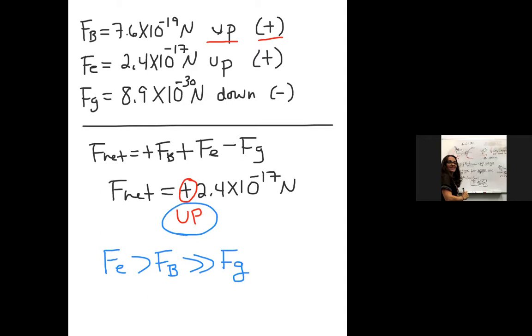Well, yes, gravity definitely pushes down, but you have an upward force from electricity, an upward force from magnetism, and a downward force from gravity. But the force of gravity is so small compared to these other two numbers that it really doesn't matter. It's going to feel a net upward force.